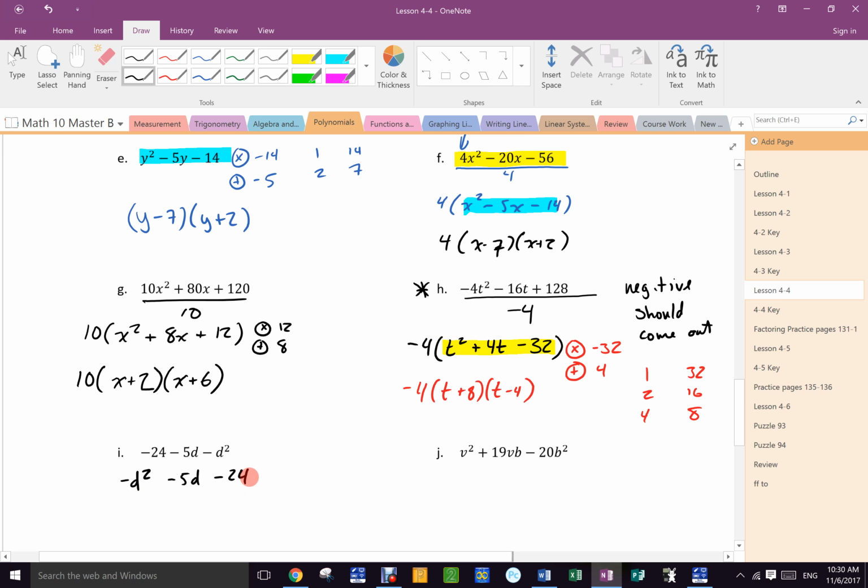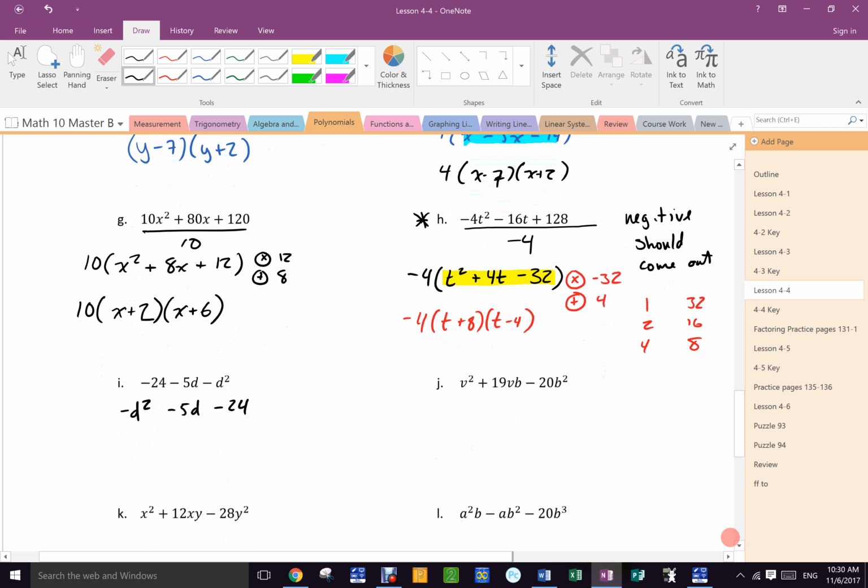Do I like the way that's written? What about that bothers me? A negative D. How do I get rid of it? I divide it out. I divide out a negative what? Negative 1.